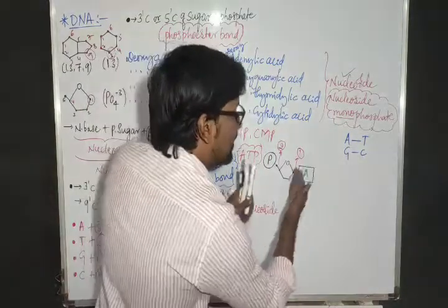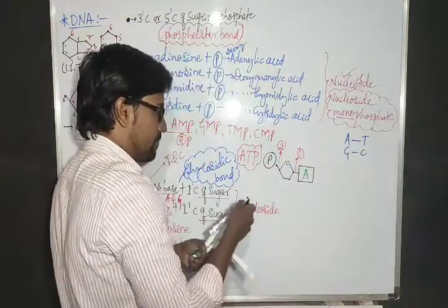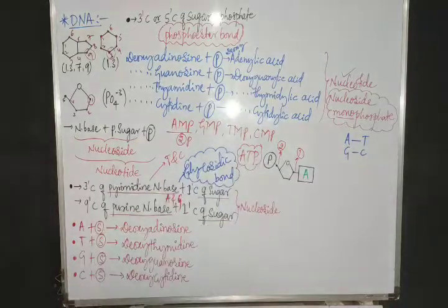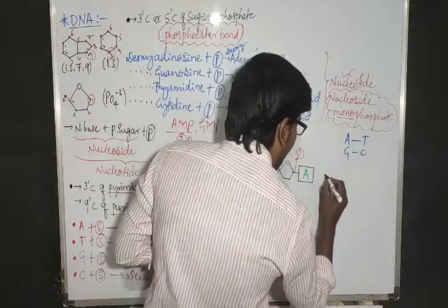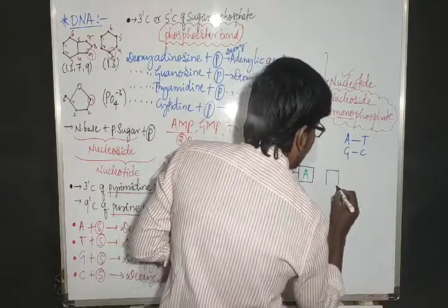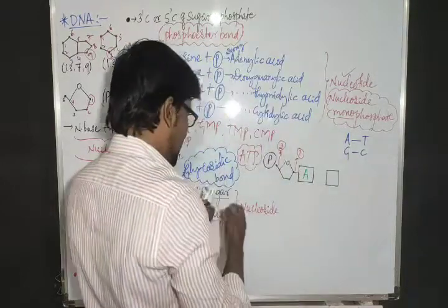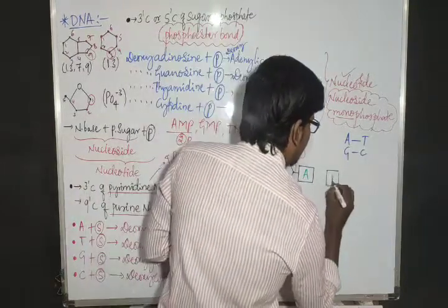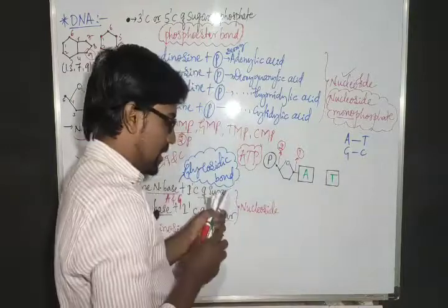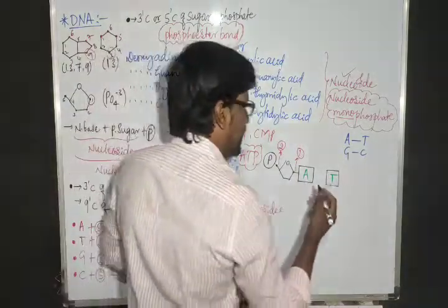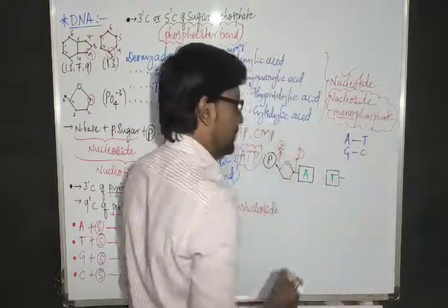So I will write the same copy that side. This is a T, thymine. Now the thymine is combined with the sugar.